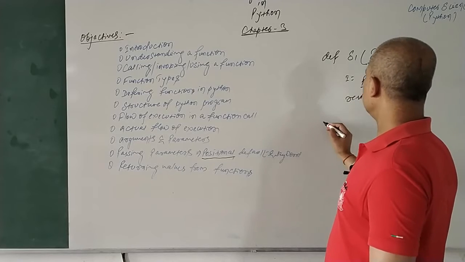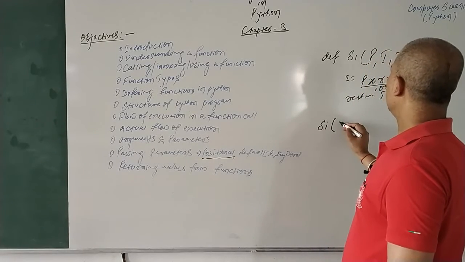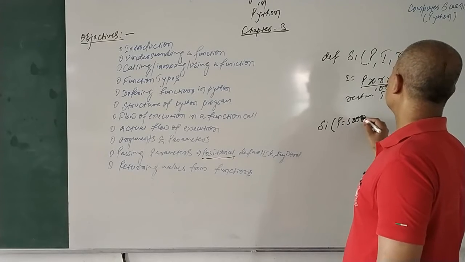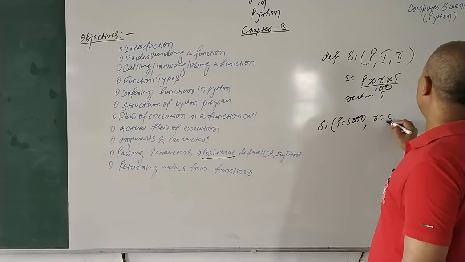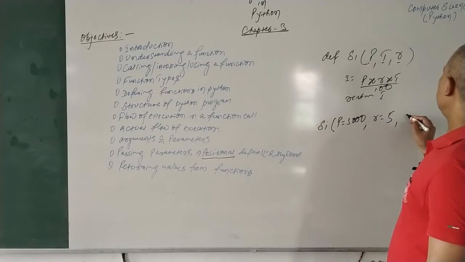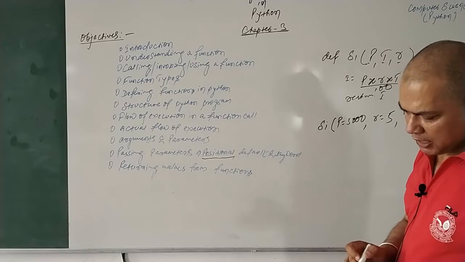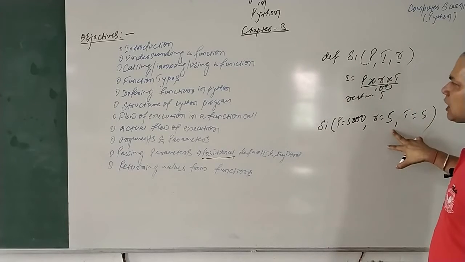And then you are calling this function. So just call simple interest, SI, inside bracket. Now I am mentioning P equal to 5000, comma R equal to 5 and T equal to, suppose, 5. Now what is the difference in this function definition and the calling?